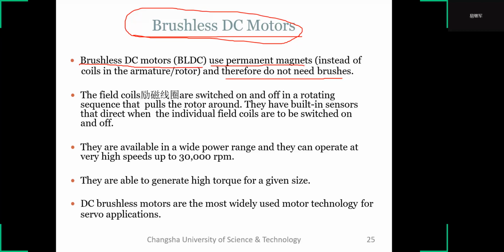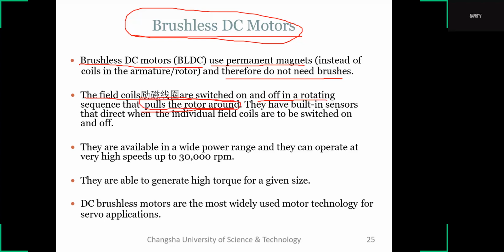They have built-in sensors that detect when the individual field coils are to be switched on and off. These field coils are switched on and off to pull the rotor around.